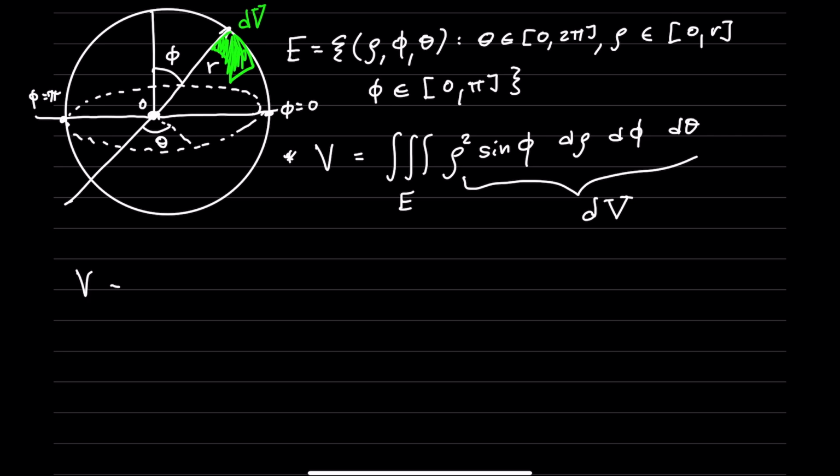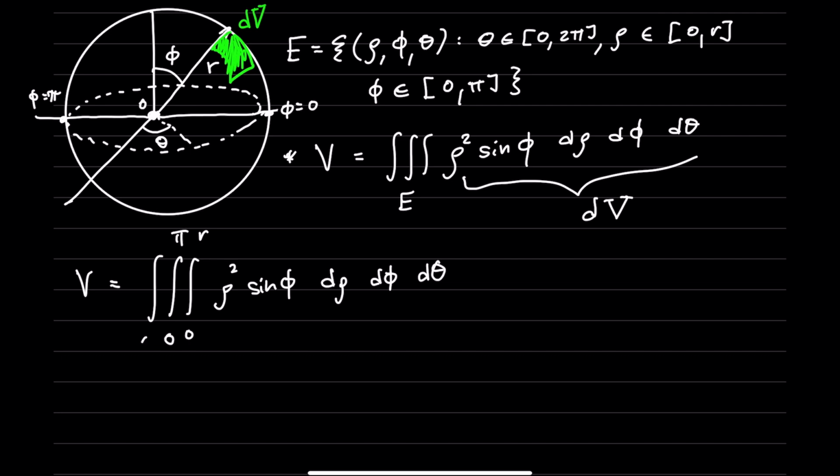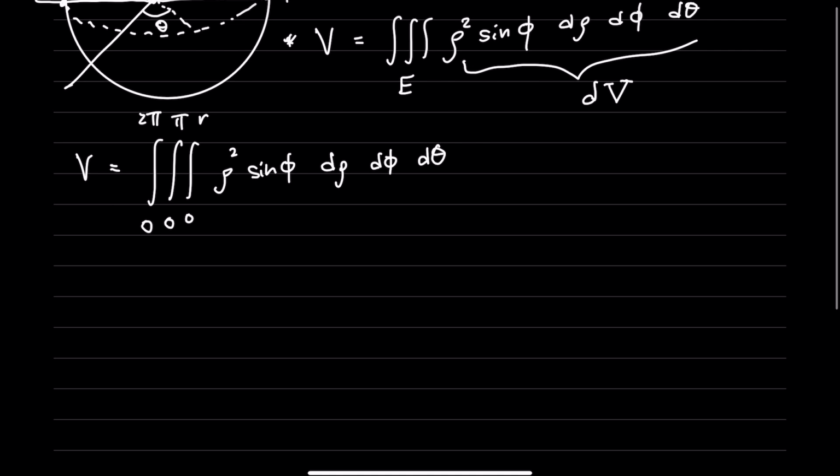So our volume is going to be a triple integral. We'll still have rho squared sine phi d rho d phi d theta. And using our set E, rho is going from 0 to r, phi is going from 0 to pi, and theta is going from 0 to 2 pi. So now we just have to integrate this.